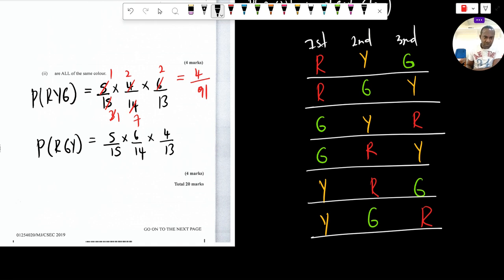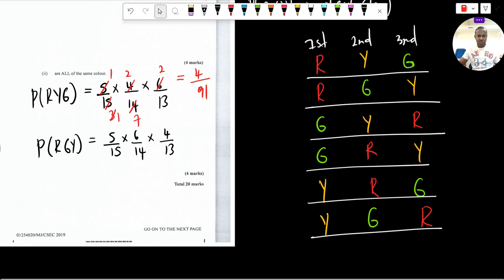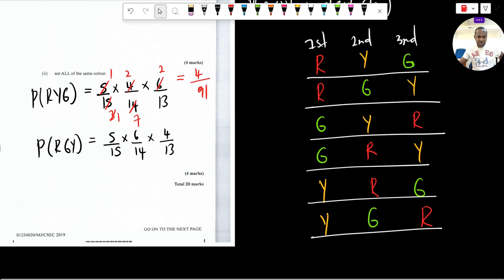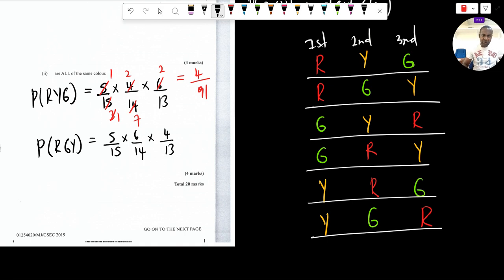Now, if we examine these numbers carefully, we realize that we have the same numerators, 5, 6, and 4, and the same denominators, 15, 14, 13. So naturally, this is going to give us the same number. So this is 4 over 91. Let's examine the others and see if we get something similar. So this first combination, of course, the probability is 4 over 91. This is also 4 over 91, right?